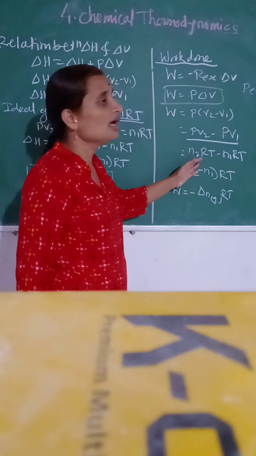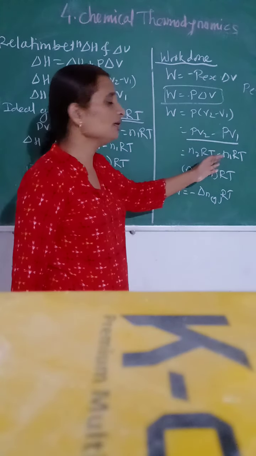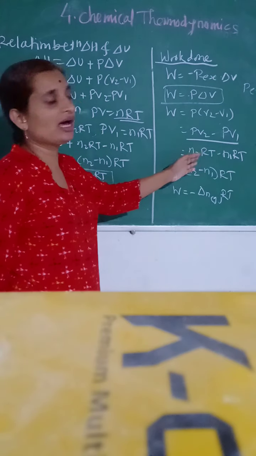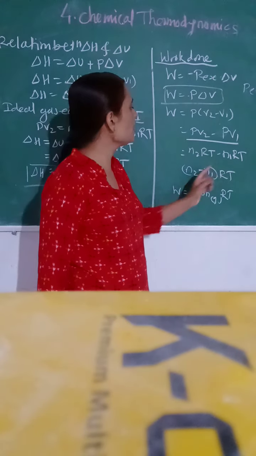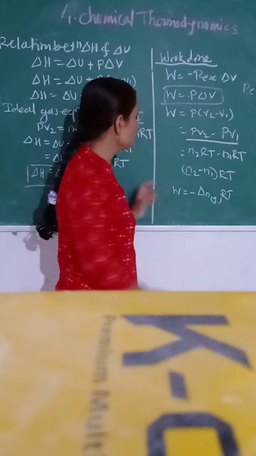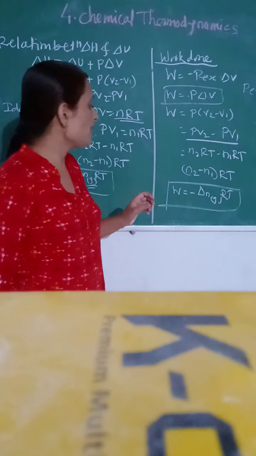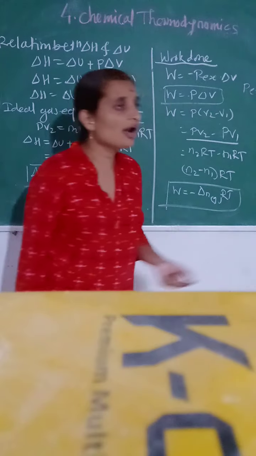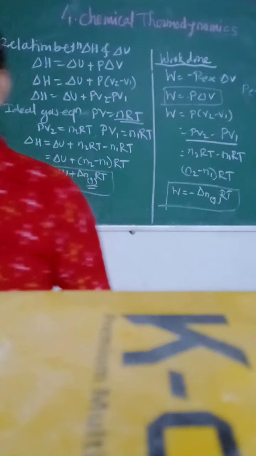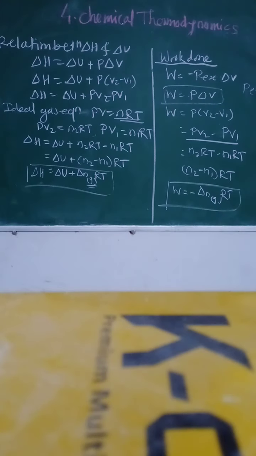Again replacing with the ideal gas equation PV is equal to nRT, we get n2RT minus n1RT, so the work done for the chemical reaction is W is equal to minus delta n RT. These are the two relationships: delta H and delta U, and work done for the chemical reaction.